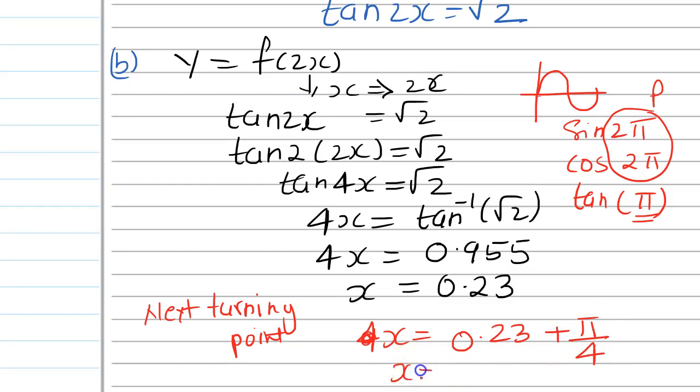If you add 0.23 plus pi over 4, it will give you 1.023. So this will be your next turning point, because tan period is pi, so for the next value you need to add pi, and because here it is 4, you need to divide by 4, pi by 4.